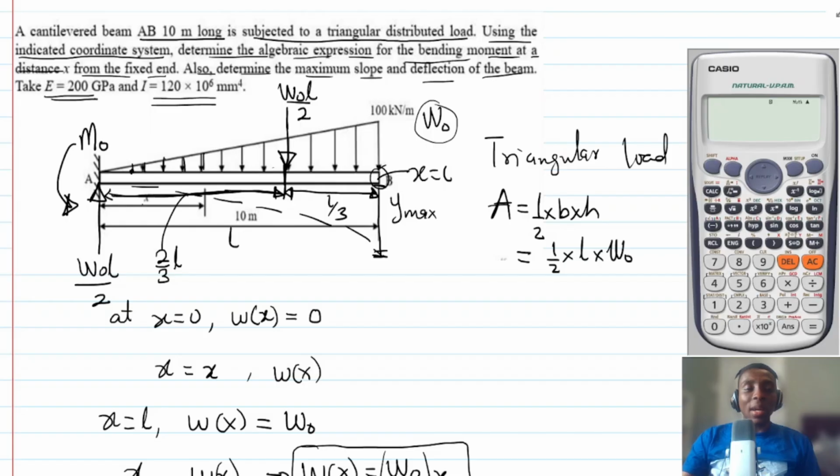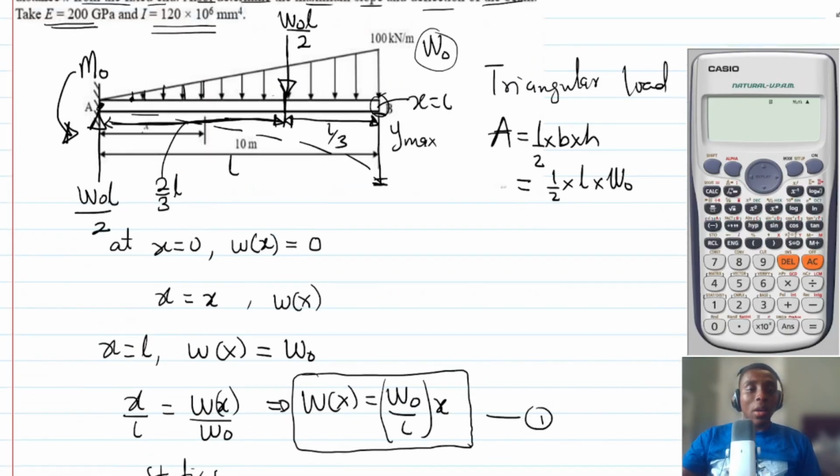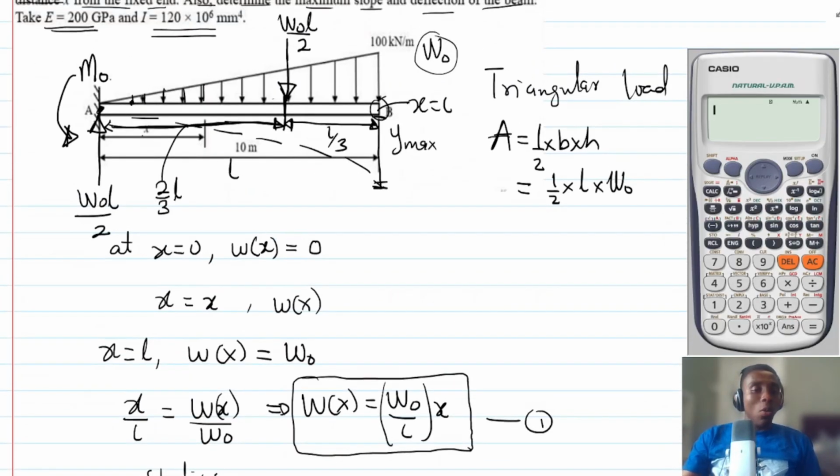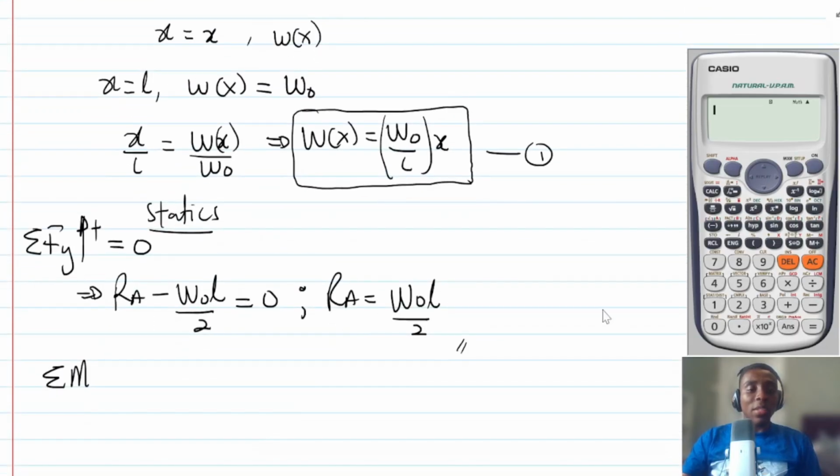So let's sum moments about point A, and then we'll be able to find the moment. Let me make this MA, so that you understand that I'm summing moments about point A.